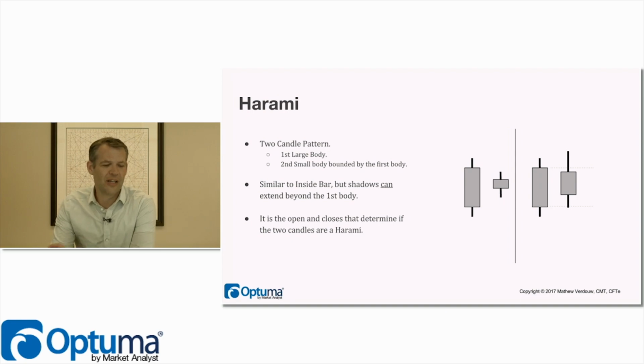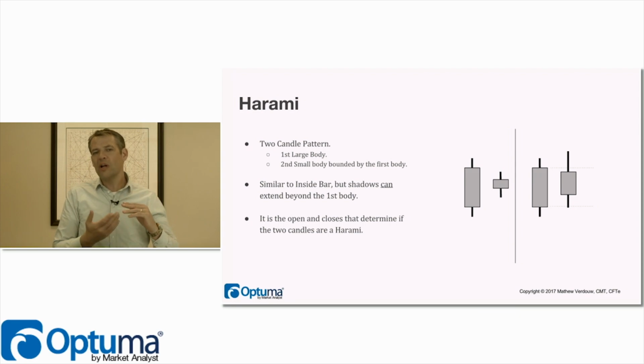All right, so two candle patterns. Now we've got the harami, which is a large candle, and then the second candle is inside the range of the first one. So it's very similar to an inside bar, but where it's a little bit different is that when we talk about inside bars, we talk about lower tops and higher bottoms, whereas in candles, we're just looking at the bodies.